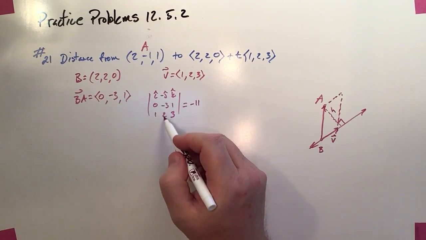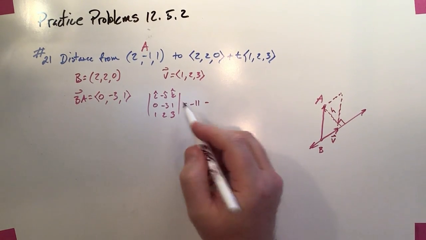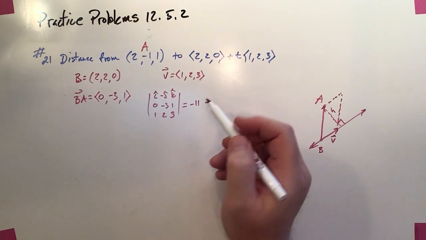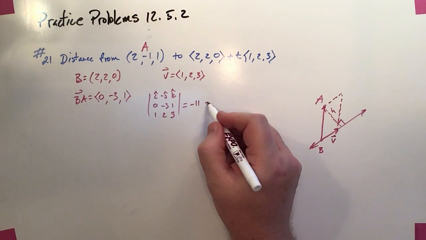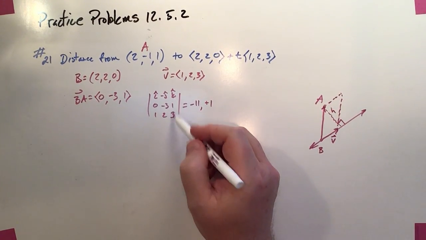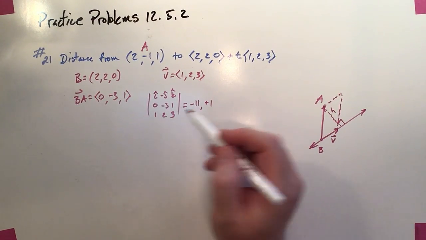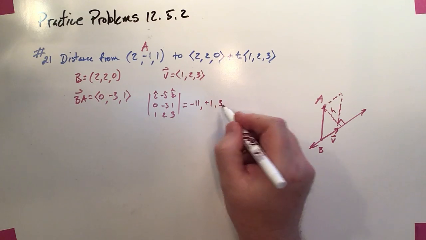Blocking off the row and column with j and adding an extra negative, this is 0 minus 1. So negative 1 and another negative is positive 1. And then finally blocking off k's row and column, we've got 0 minus a negative 3, so that's 3.